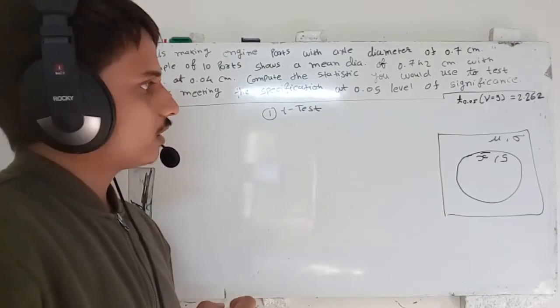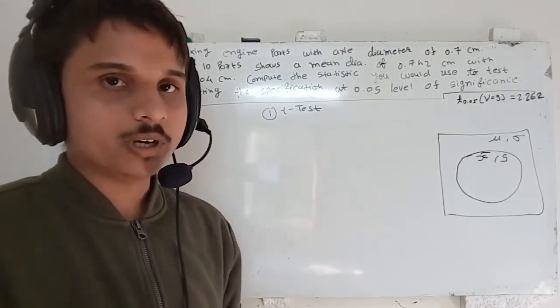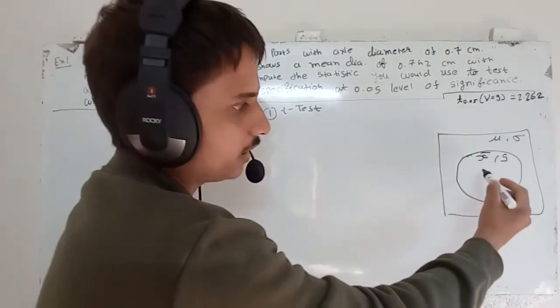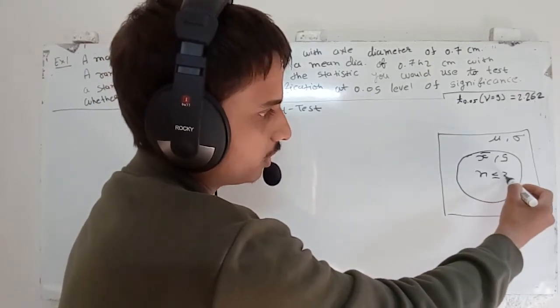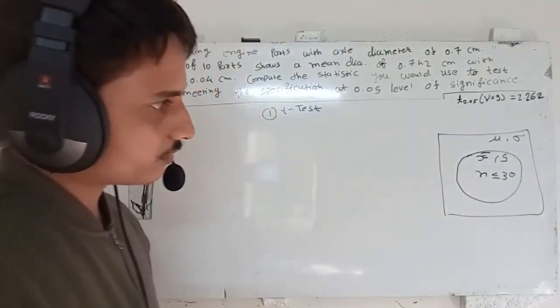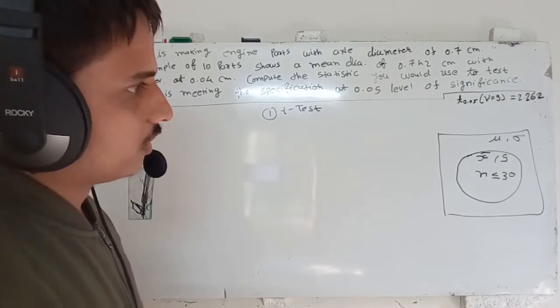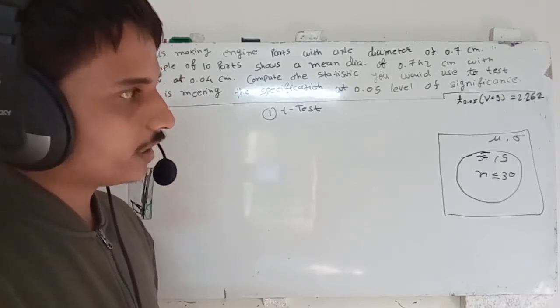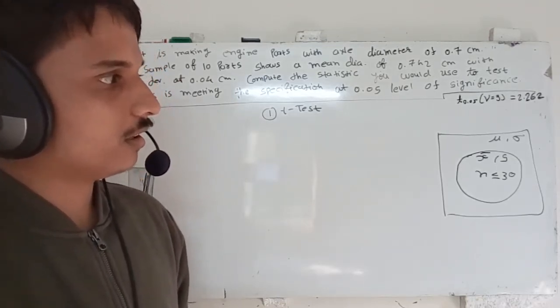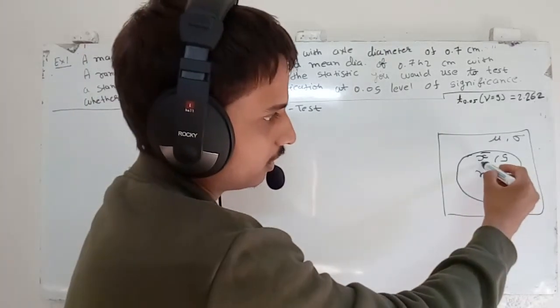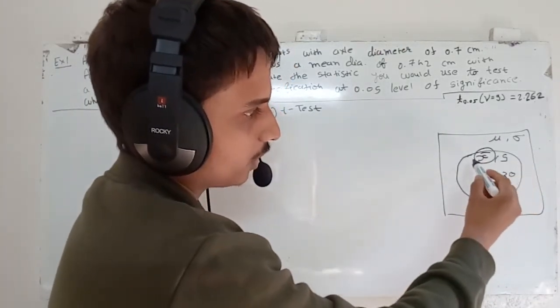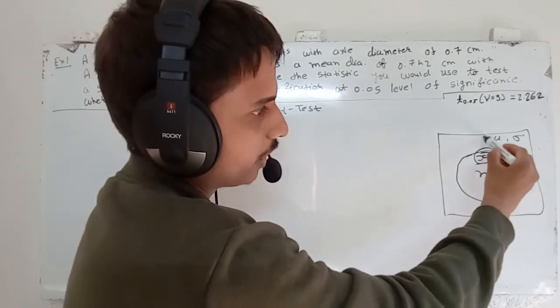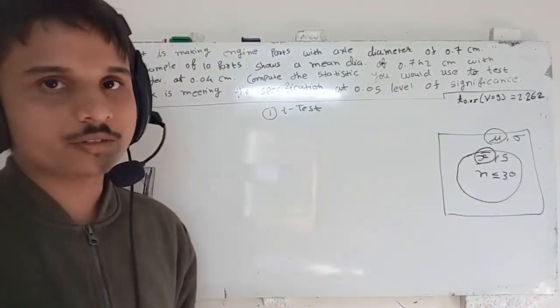And remember that we are carrying out small sample test. So this sample size is less than or equal to 30. Now in this test we have to check how closely this mean value of sample approximates mean value of population.